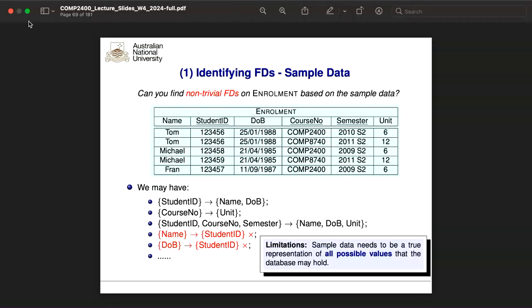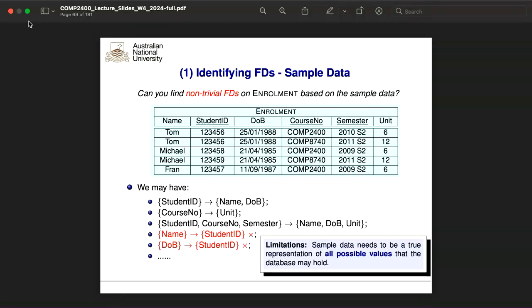However, the problem with sample data is that we may also get some wrong information. If only based on this table, we may conclude that name determines student ID, or date of birth determines student ID, but that doesn't really make sense, right?